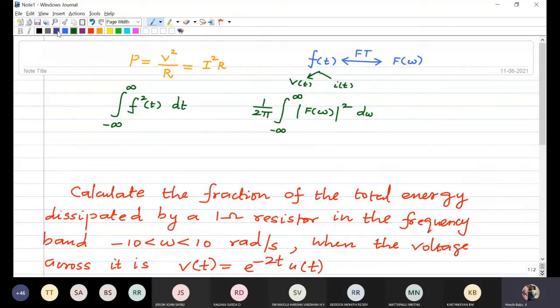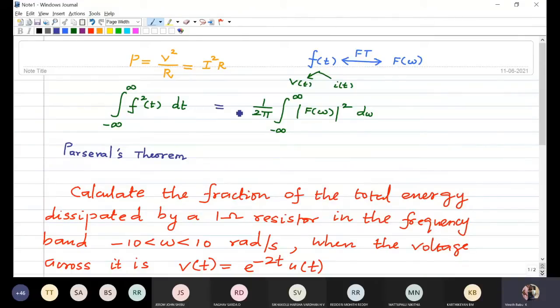So there is a theorem called Parseval's theorem. What it says: you calculate the energy in the time domain, and for the same signal you calculate the energy in the frequency domain.